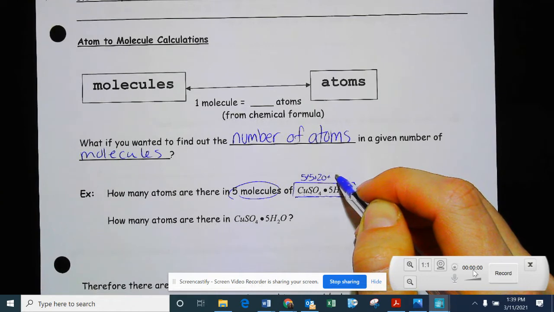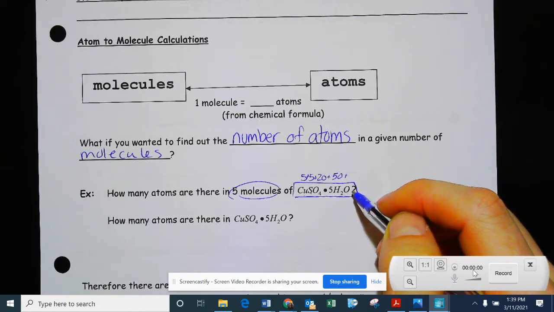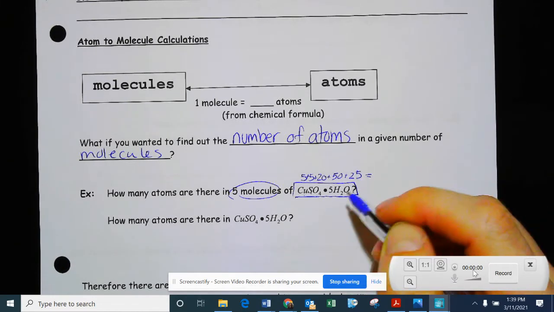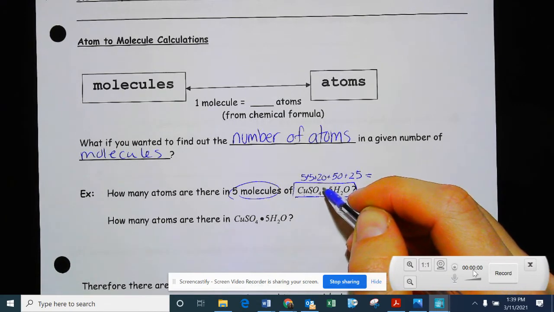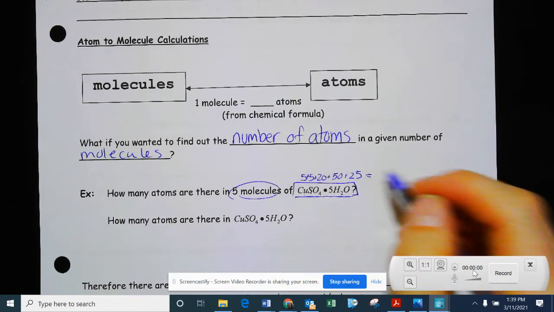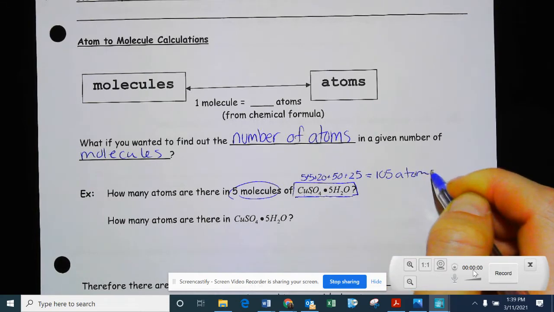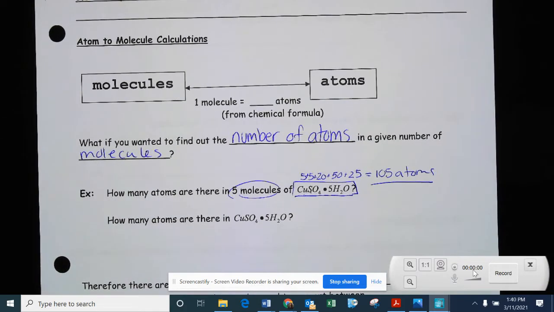Awesome. And then how many oxygens? 25. Good. So we've got 25 plus 50, 85, 105, right? 105 atoms in 5 of those molecules. Does that make sense?